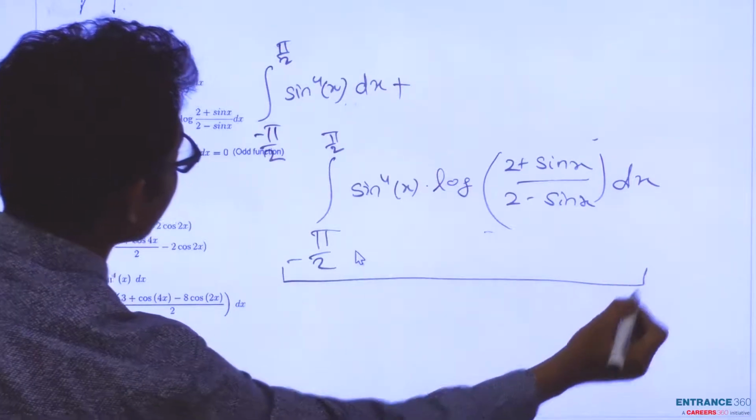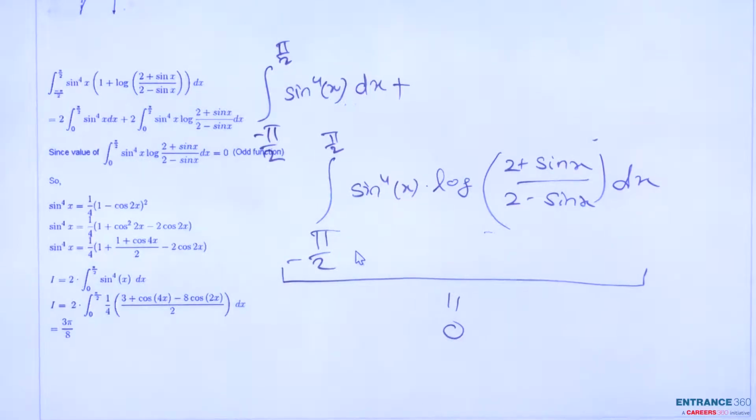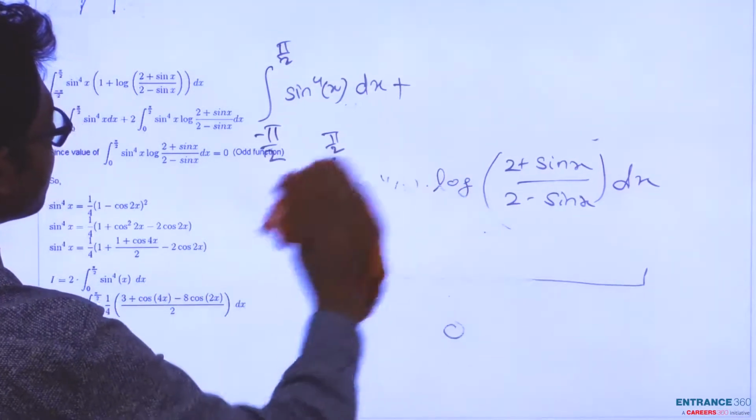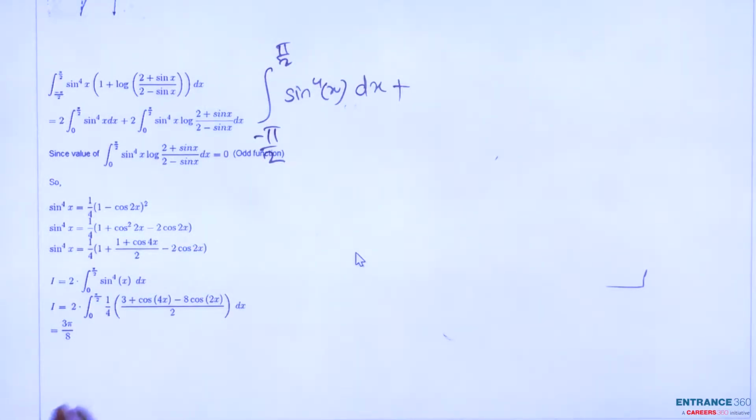This function is an odd function, so the value of this becomes 0 and we are left with the integral from minus pi by 2 to pi by 2 sin^4 x dx.